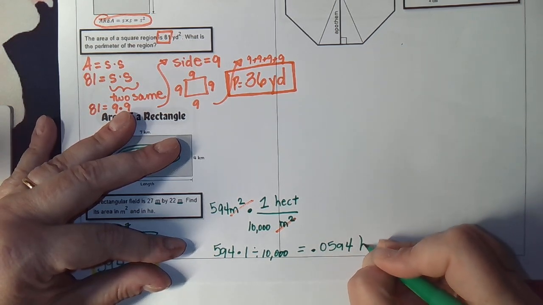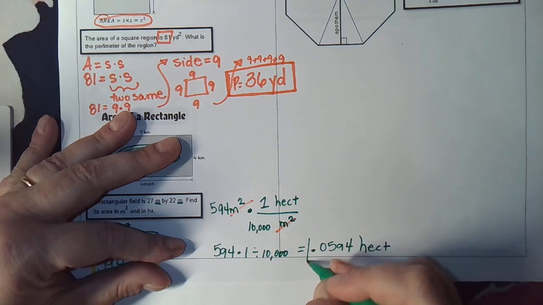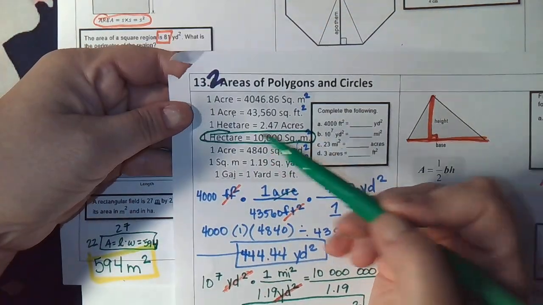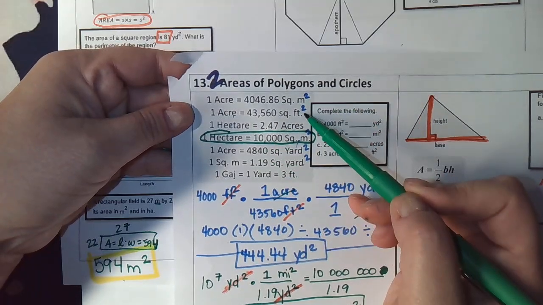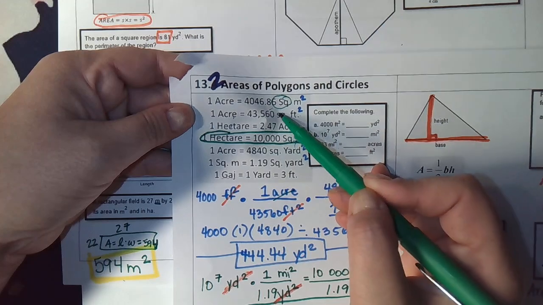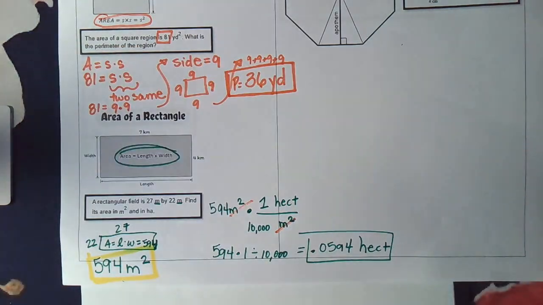And this is in hectares, or HA. And hectares, or HA, are not squared. The only things that are squared are the things with the SQ on it. So this hectare does not have a SQ on it.